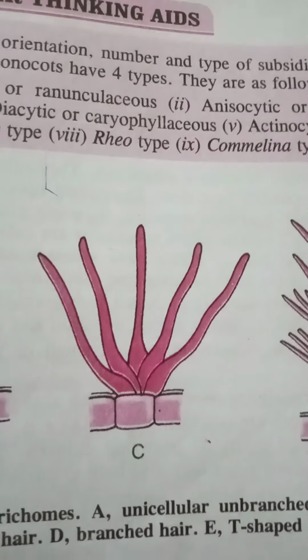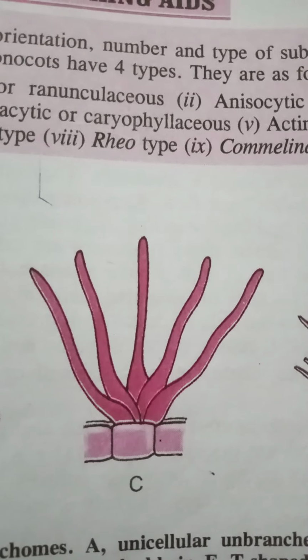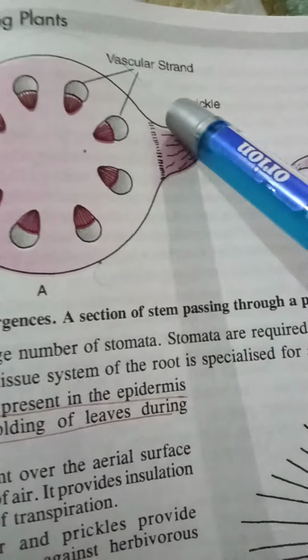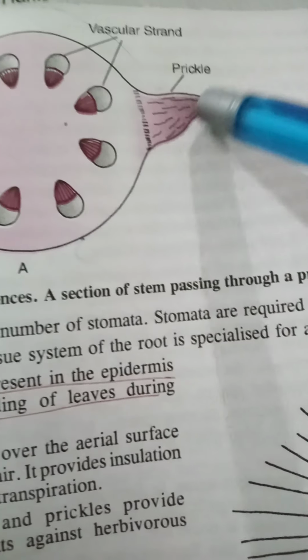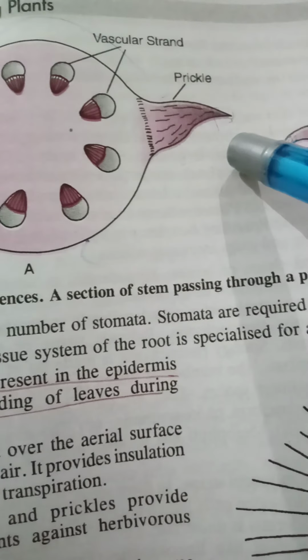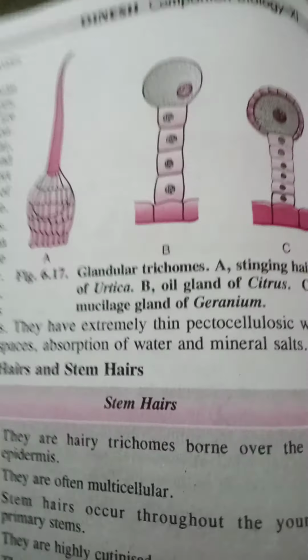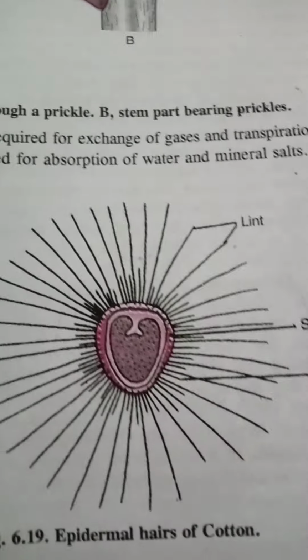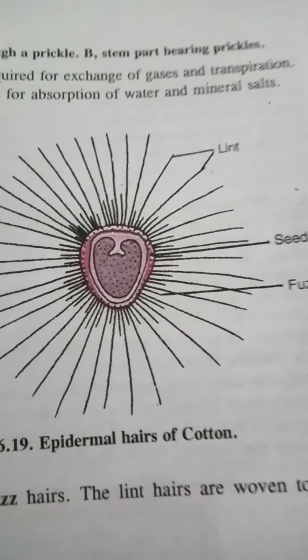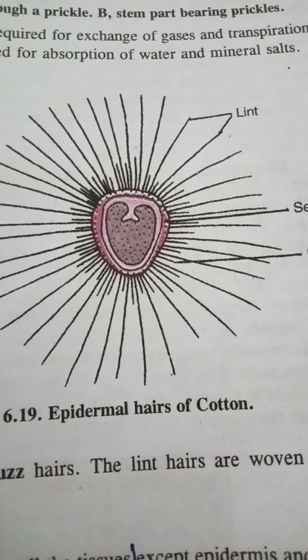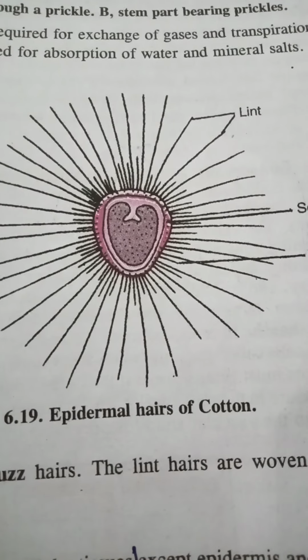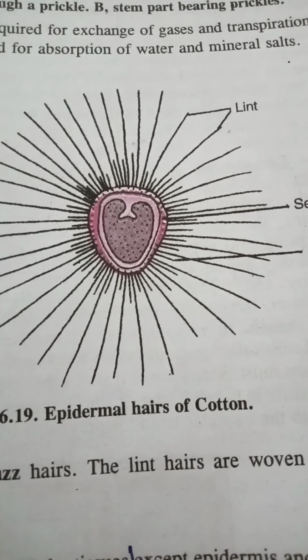Other than that, some emergences are also present. As you can see here, prickle-like structures develop in some plants like rose. So this is also a type of epidermal appendage. Now this epidermal tissue system is important because it provides protection and acts as an outer covering around the plant organs. It protects the internal tissues from mechanical injury and the external environment.